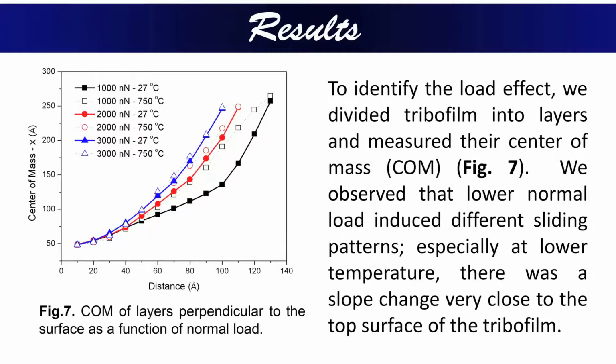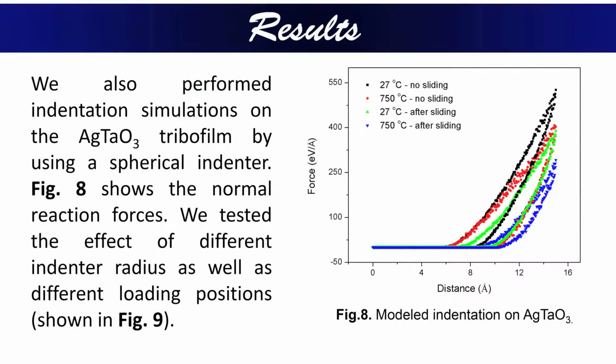We also did the nanoindentation test on our substrate, and actually we tested two different substrates. One is a perfect crystalline, and the other one is the perfect one after sliding a few nanoseconds. So the substrate structure is being changed. Figure 8 shows the reaction forces from those two different substrates at two different temperatures.